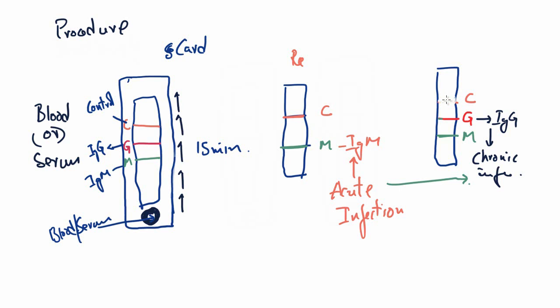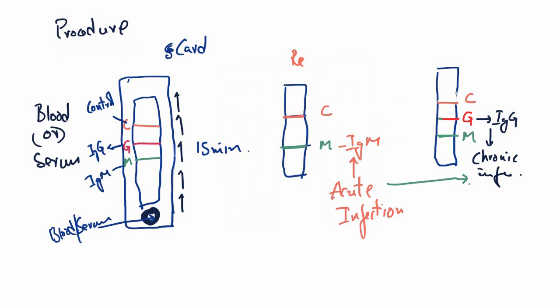For a valid test, you need to see the control line. The basic function of the control line is to identify the validity of that particular test. So the control line will be seen in almost all cases, irrespective of whether it is acute or chronic. Absence of the control line is where you need to opt for a second card.